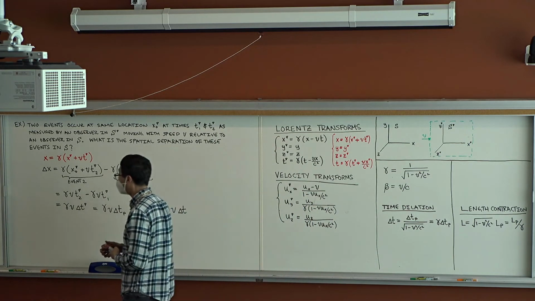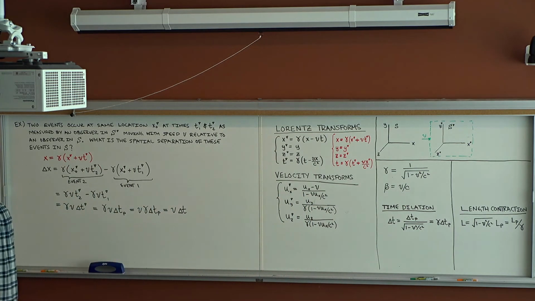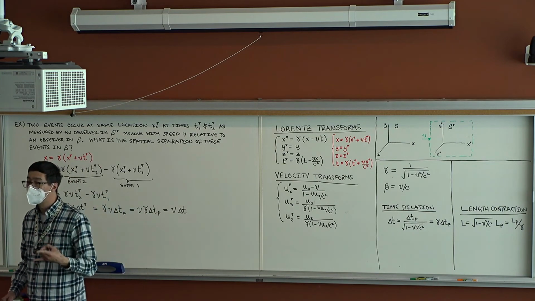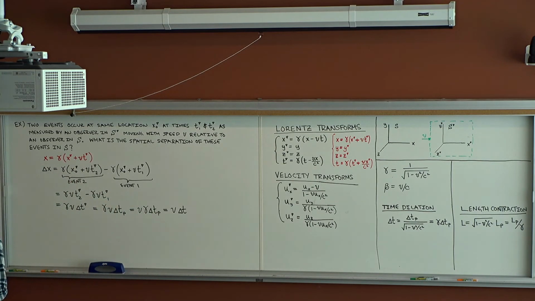So if we want to know the distance in the unprimed frame, we'll note that it's equal to v times the time interval between the two events in the unprimed frame.